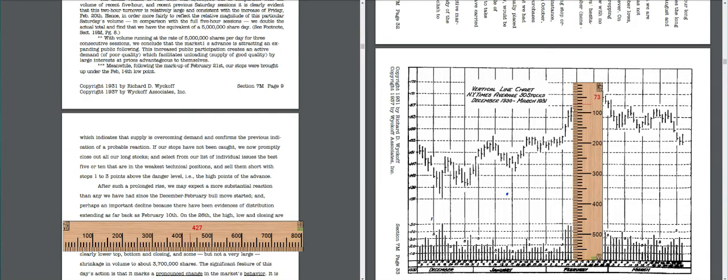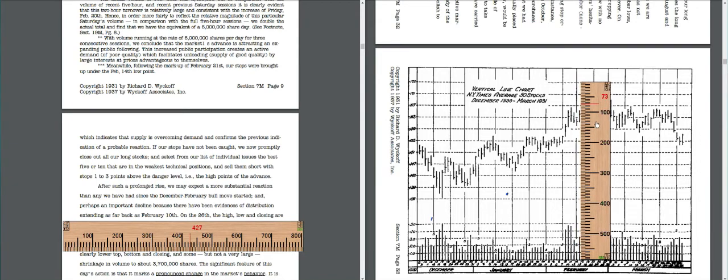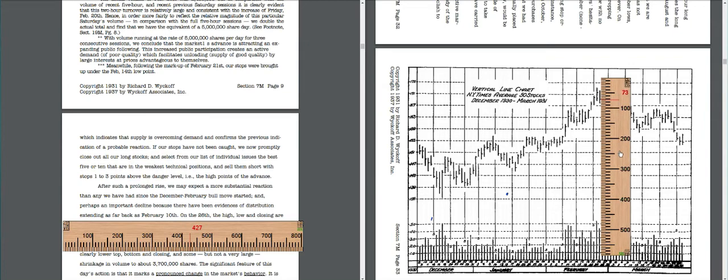Because you have a lot of high volume and you have clustered closes, meaning lack of progress in a close with very high volume, telling you what? Supply is overcoming demand. It doesn't mean the trend is going to change just yet, because when it pulled back, the dip dried up on volume. So that was a bullish indication in an uptrend, telling you another advance is coming. And then that second advance is where the rest of the distribution occurred.